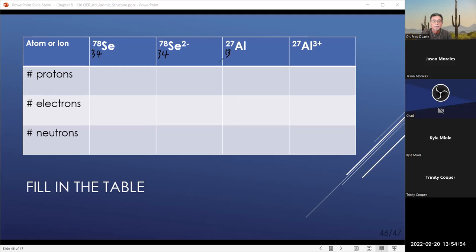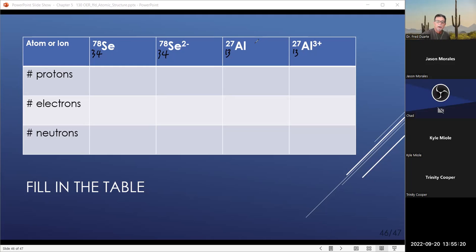We're dealing with aluminum-27. Selenium is in group 6A, right underneath sulfur. Being a non-metal, it will pick up 2 electrons and have a -2 charge. So it's now called selenide.